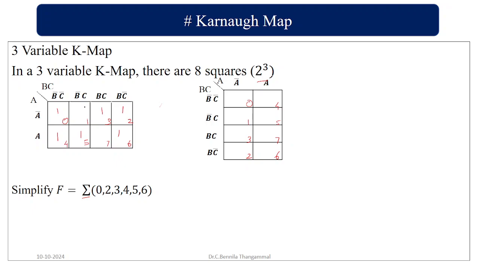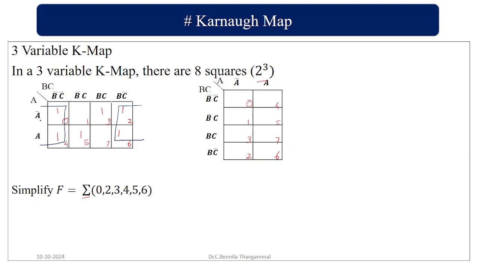If I fold it vertically, these 4 are going to be adjacent to these. So here I can go for a quad. So this is going to be the quad. If I roll it vertically, these two are adjacent.